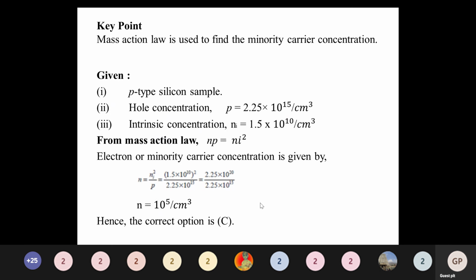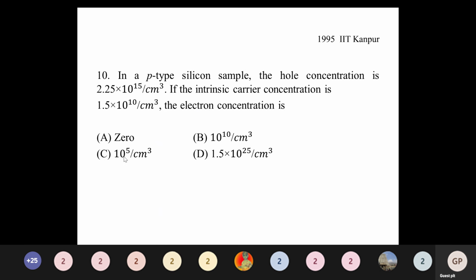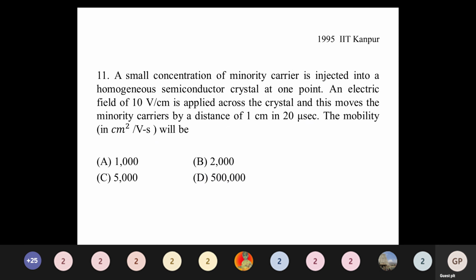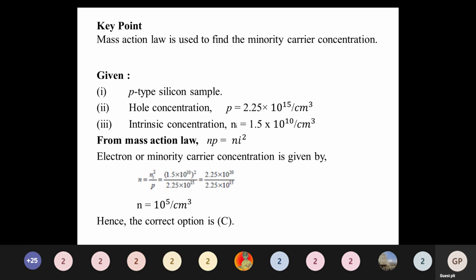So from this we are getting the answer, C option. We are getting 10 to the power of 5 per centimeter cube. This one is the answer we are getting. Okay. So mass action law is one of the repeated questions; mostly they ask one question based on mass action law.